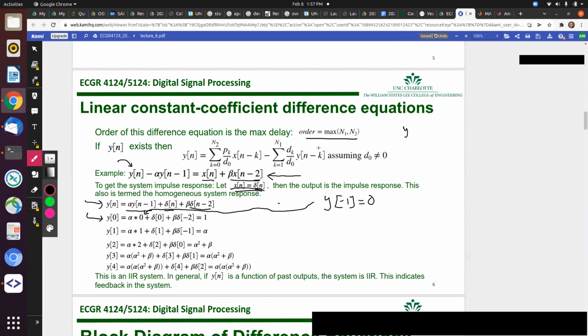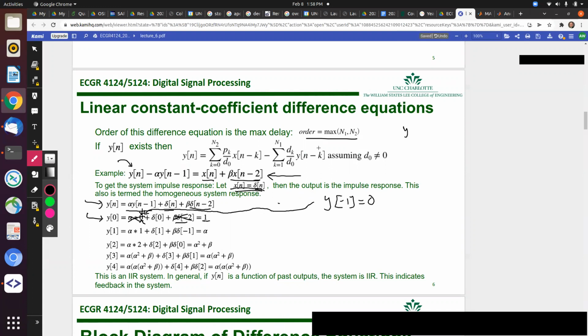So y of 0 is alpha times y of -1, and we're saying y of -1 is equal to 0. Then we take delta of 0 plus beta delta of n minus 2. Delta of 0 is 1, so this ends up being 1. This is 0, and this is 0. So we just get delta of 0 as the output.